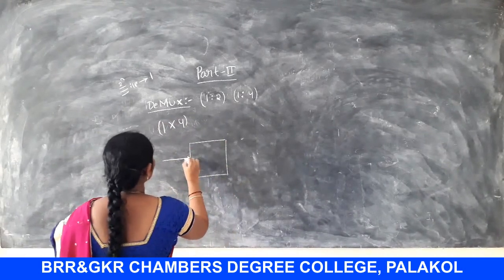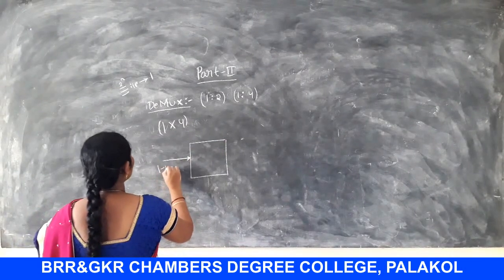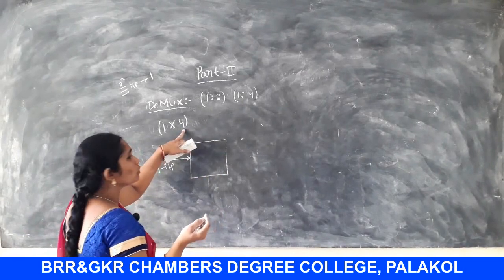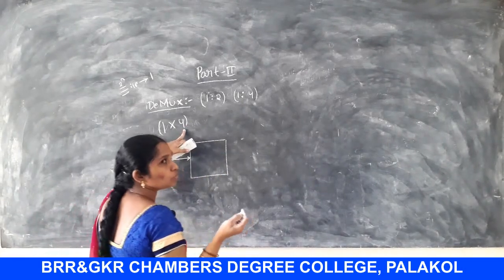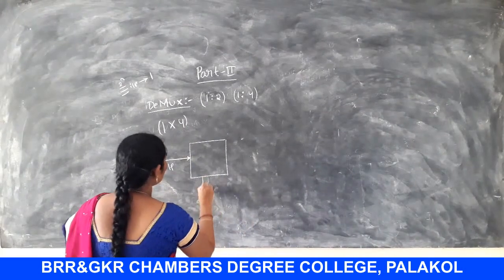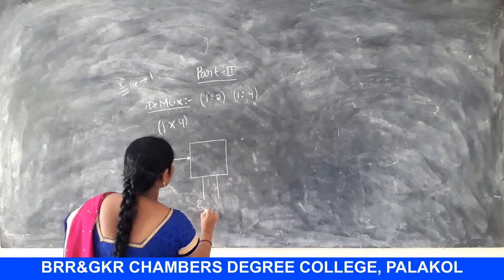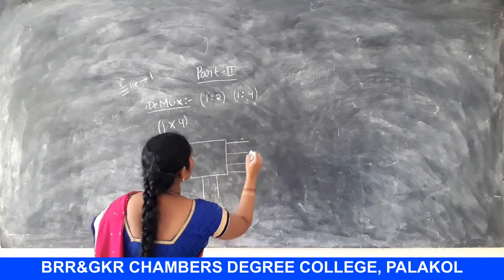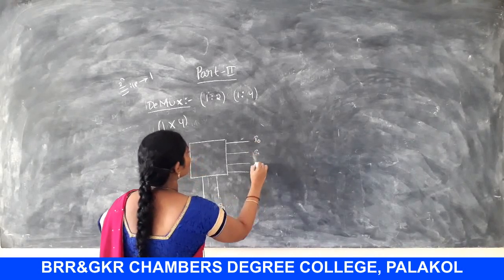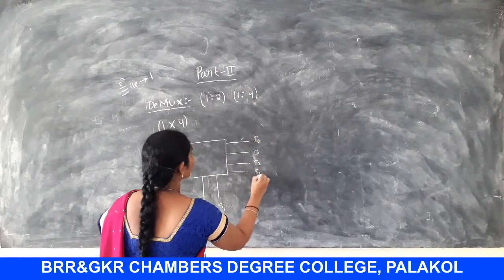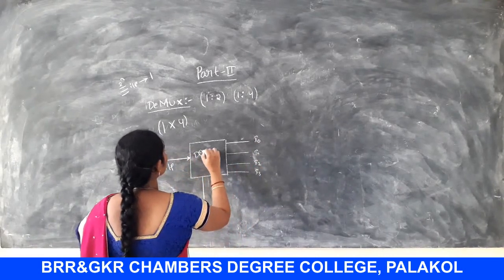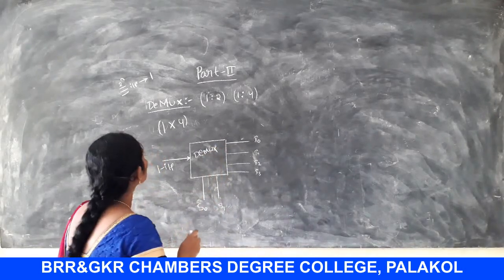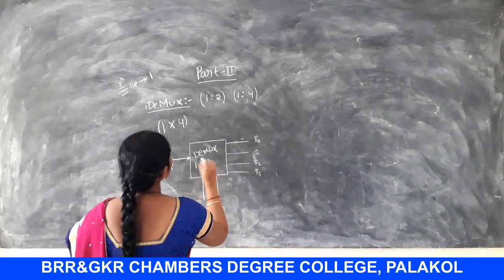I am applying only one input. It produces 2 power n outputs. That means 4 is 2 square, so it has 2 selection lines, S0 and S1, and it produces the 4 outputs, I0, I1, I2 and I3.